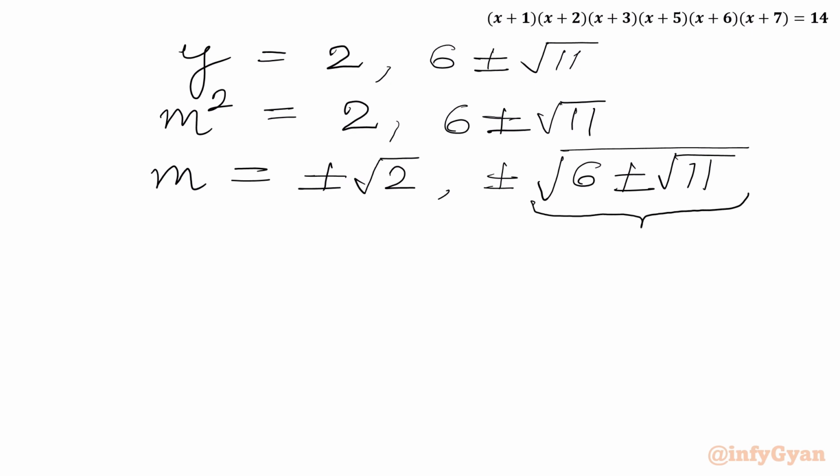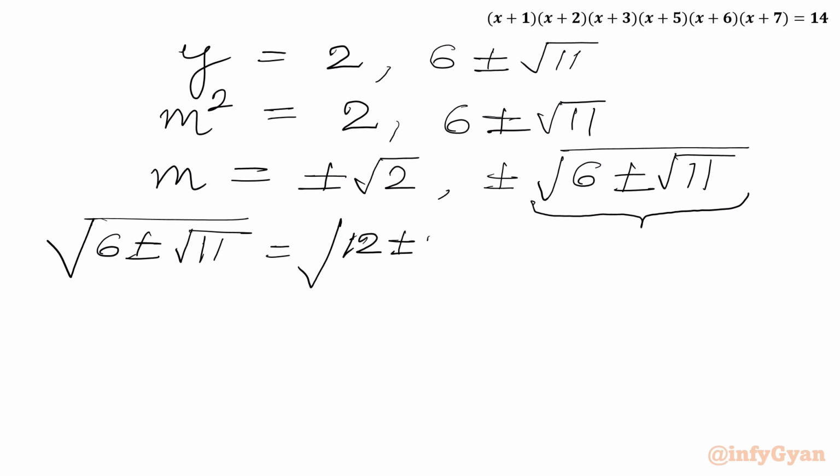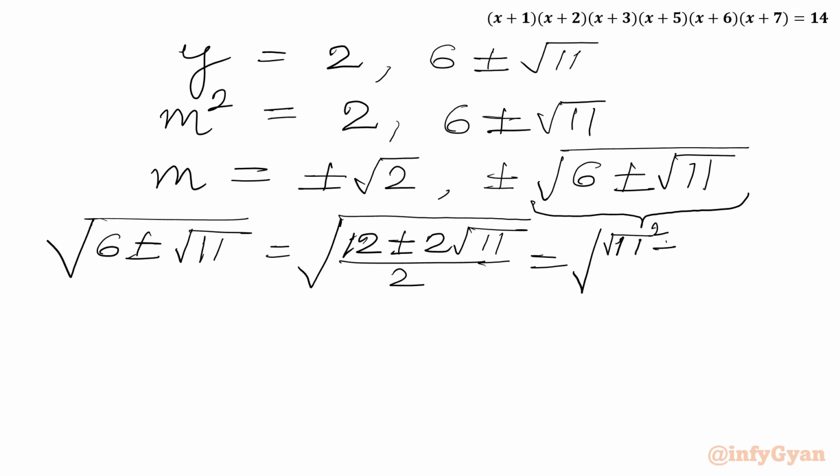We can calculate or simplify this square root also. So let's simplify this. Square root 6 plus minus square root 11 can be written as square root of 2 times 6, so 12, plus minus 2 times root 11, over 2. We multiplied our numerator and denominator by 2. Now we can write 11 plus 1 as 12. So I can write square root of 11 square plus 1 square plus minus 2 square root 11, and then in the denominator it is 2.